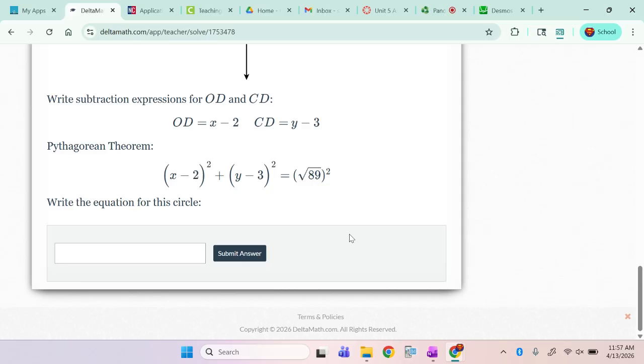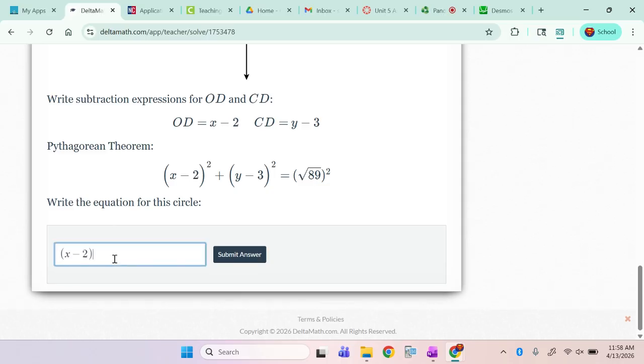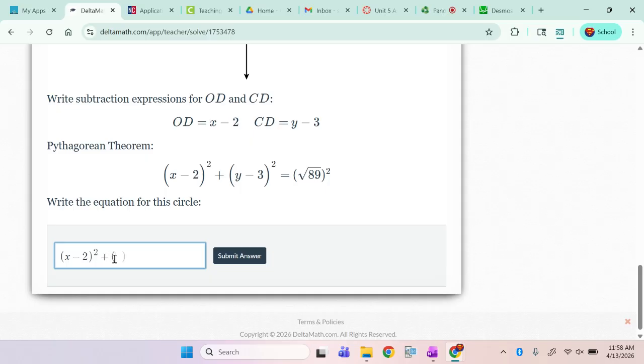What's the only thing that I can simplify in that equation? Right, the square over here. The square and square root cancel out, leaving 89. And that's your equation of the circle: (x minus 2) squared plus (y minus 3) squared is equal to 89.